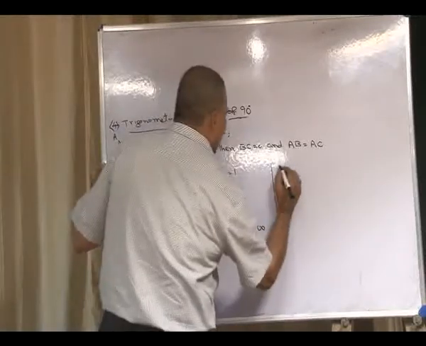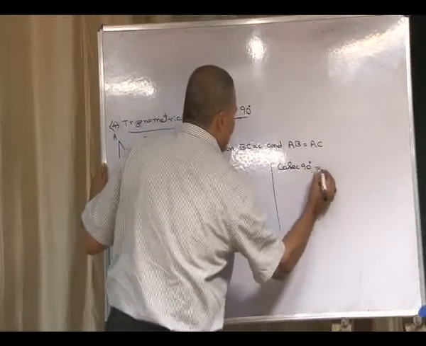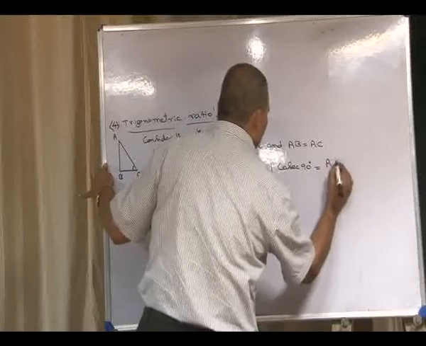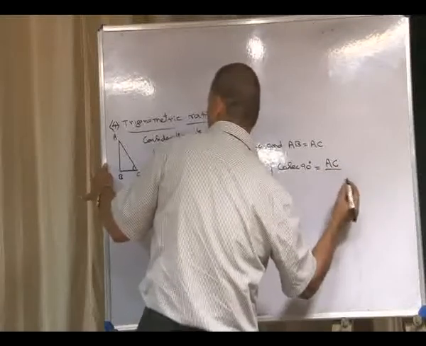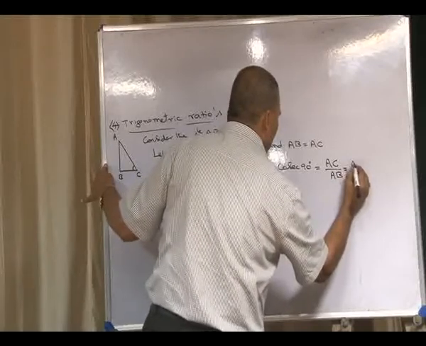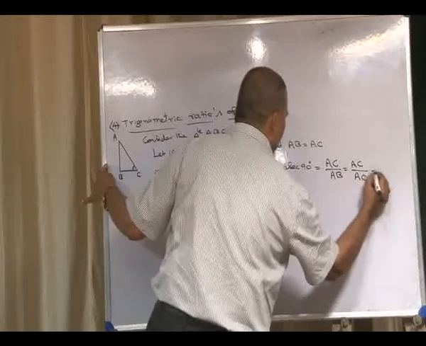Next, cosecant 90 degree. The cosecant 90 degree is equal to hypotenuse by opposite side, that is AC by AB, that is AC by AC, equal to 1.